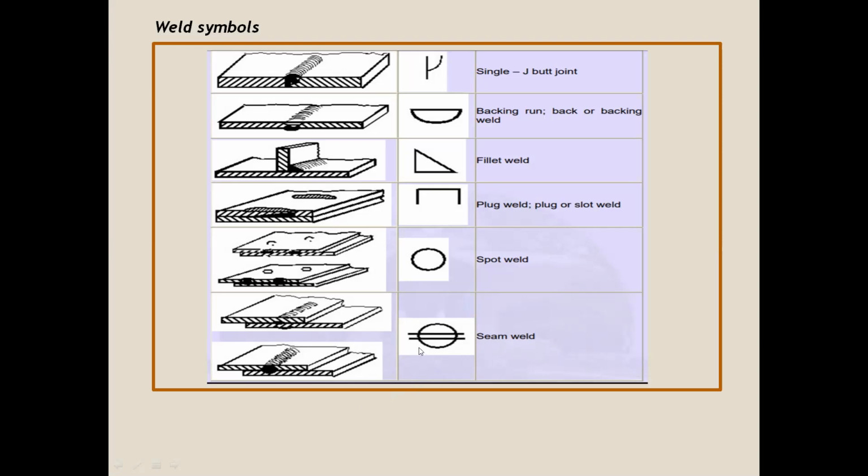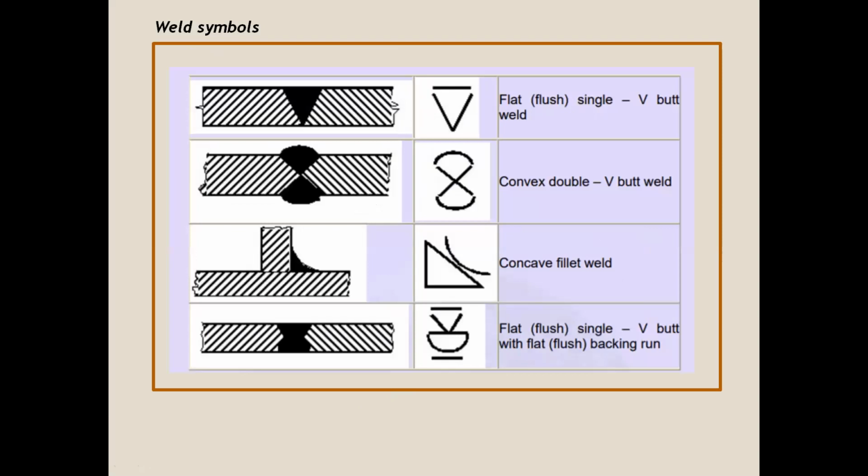These are the types of welded symbols and the types of welded joints. Flat single V butt weld. Another one is convex double V butt weld. Another, the third one, is concave fillet weld.